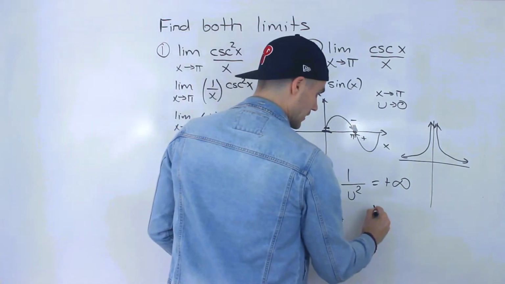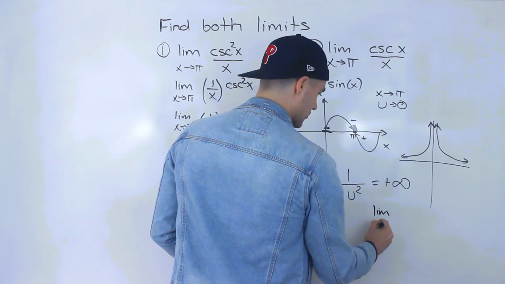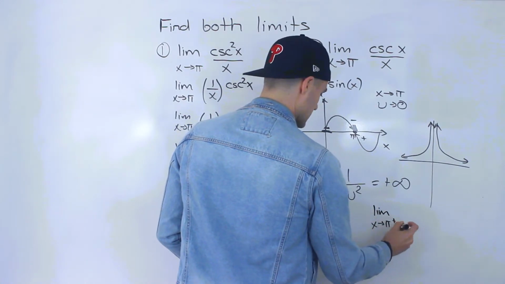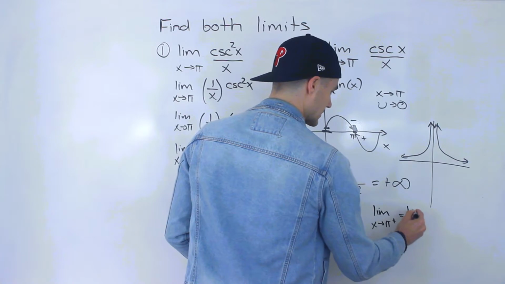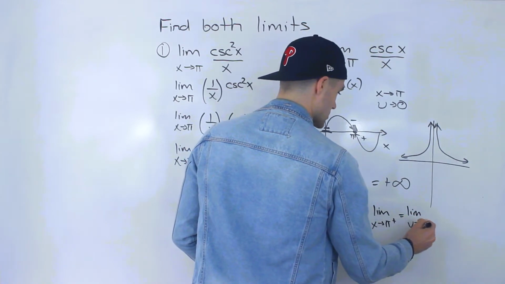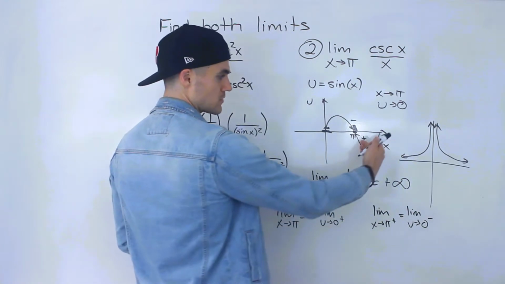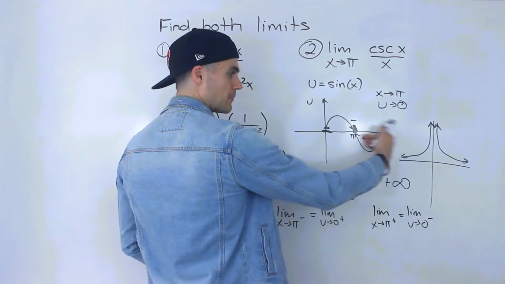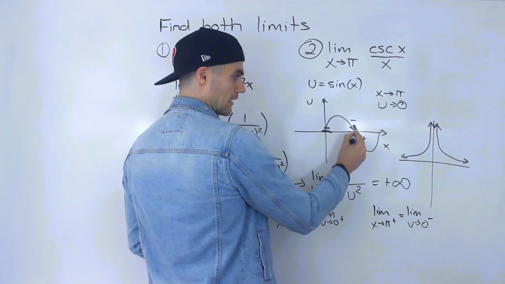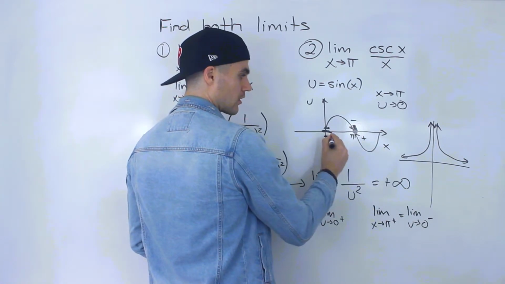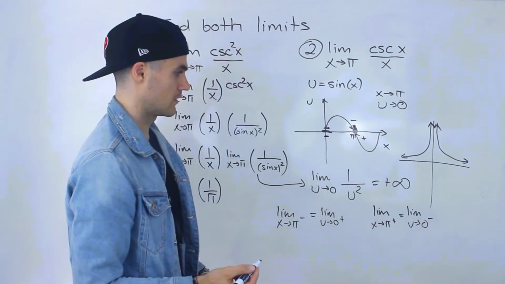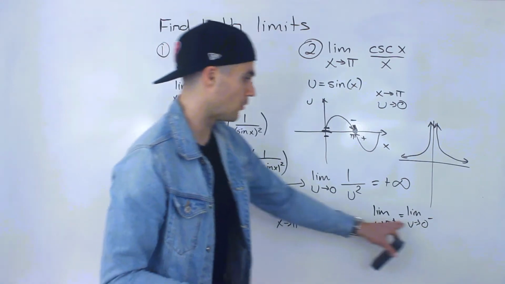And the limit as x approaches pi from the positive side is the same as the limit as u approaches 0 from the negative side. As we approach this x value of pi from the positive side, the u values are approaching 0, but they're all negative. So we have to find both of these limits.